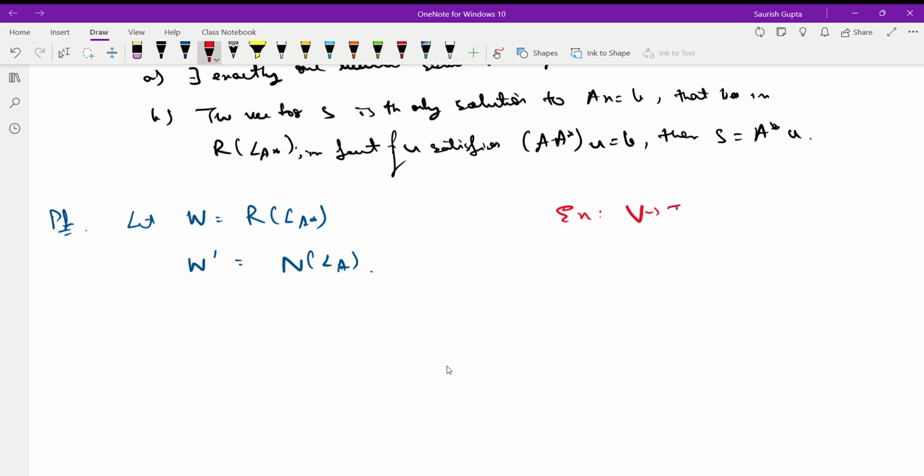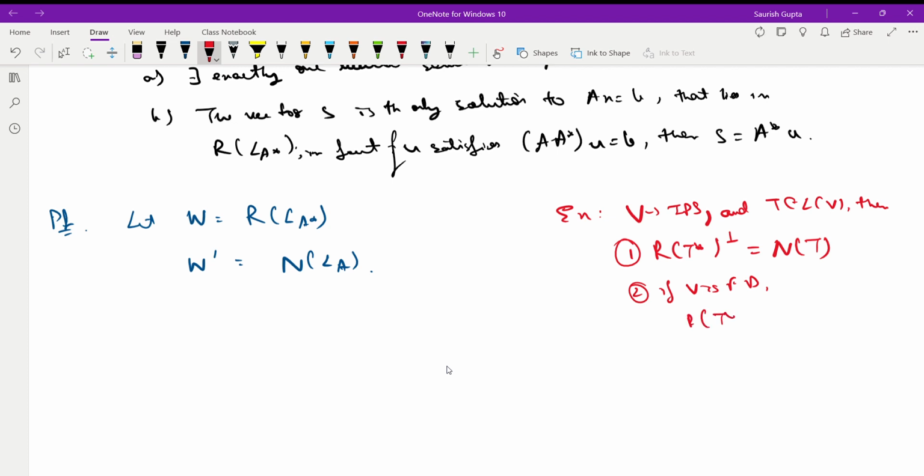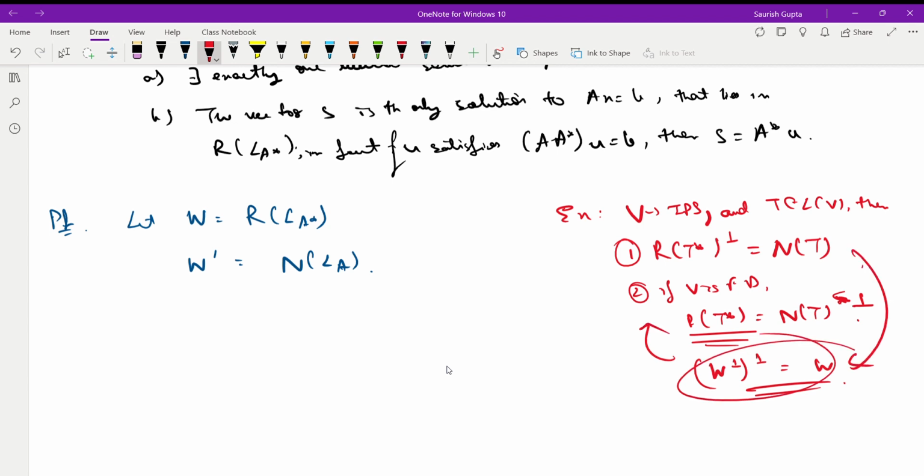Now this is a very simple exercise: if V is an inner product space and T is a linear operator on V, then the orthogonal complement of the range of T star is the null space of T. And if V is finite dimensional, then the range of T star is the orthogonal complement of the null space of T. Proving the first indeed proves the second part, because if you take the orthogonal complement twice, you get the same space back. So 2 comes from 1.